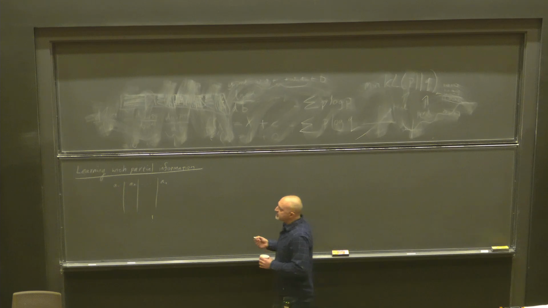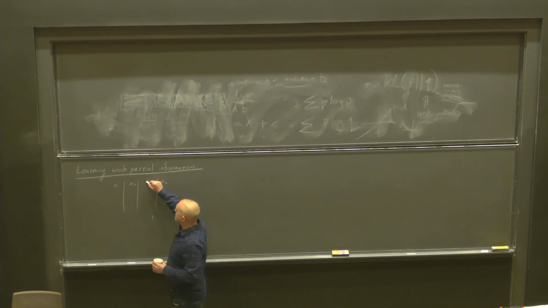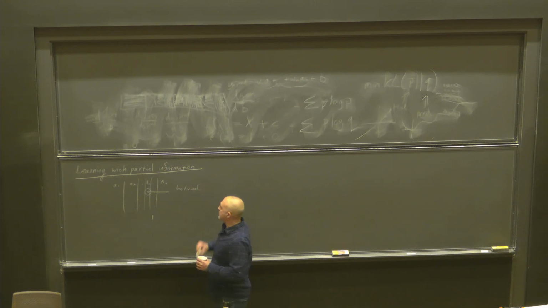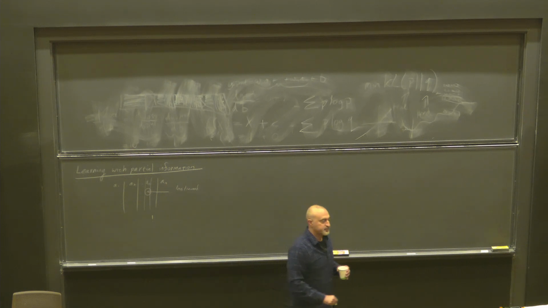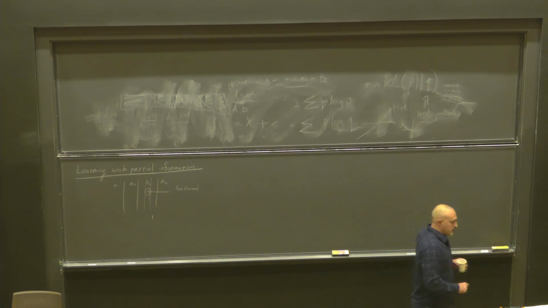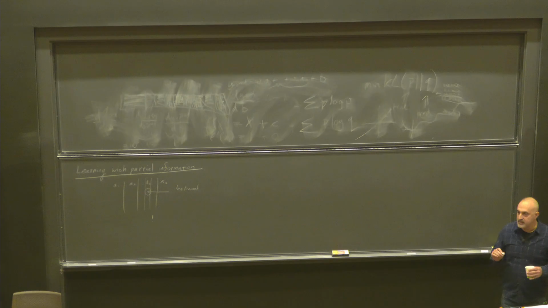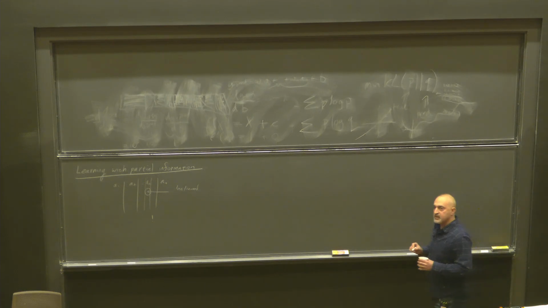And after choosing, let's say I commit to action number 5 here, then I get to see a reward or a loss for this particular action. And that's it. That's the only information that I get.